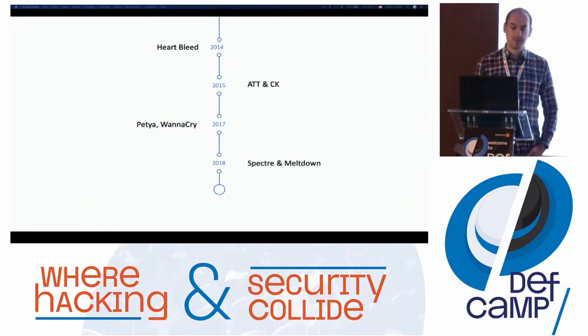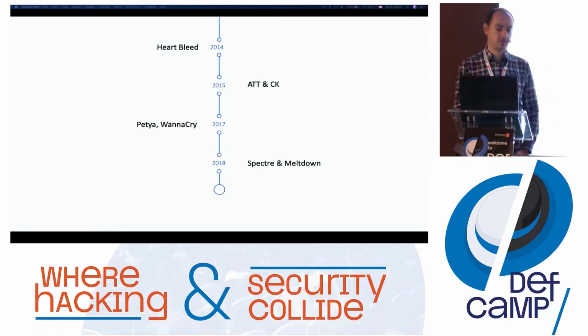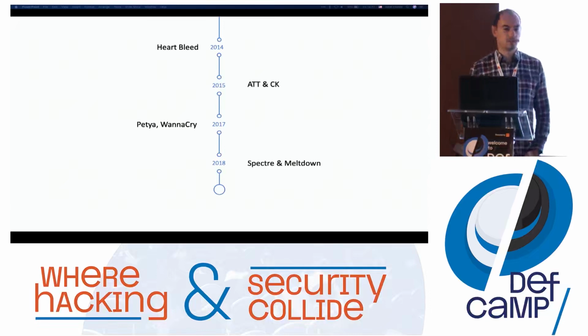Then 2015, we had the ATT&CK MITRE framework, Petya, WannaCry, Spectre, Meltdown a little bit later. And in between, guess what? We had countless APT groups, cyber criminals, nation-state actors trying to hack into like everything.